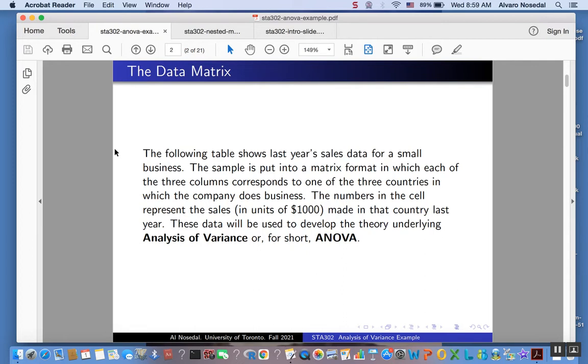Those observations represent sales, and we also have the information about where those sales took place, the countries where they took place.